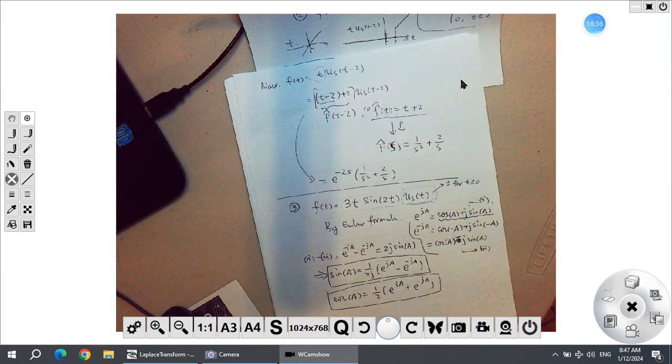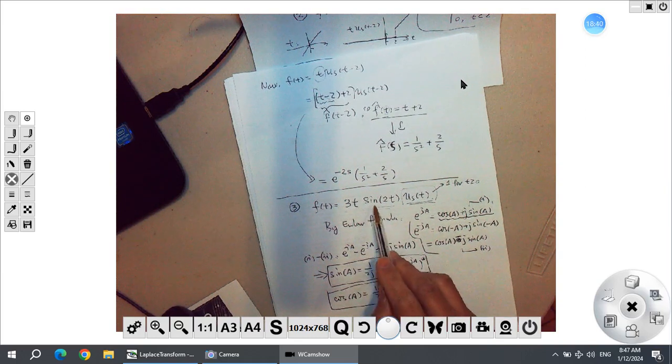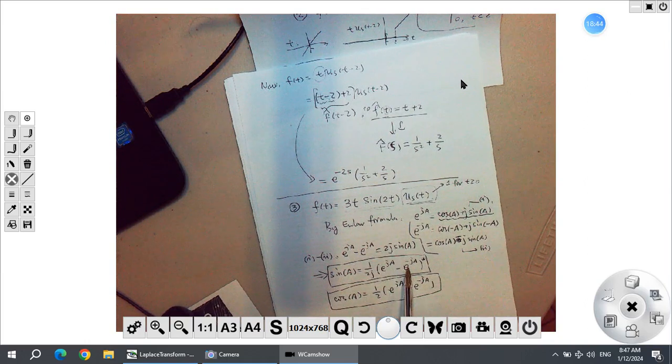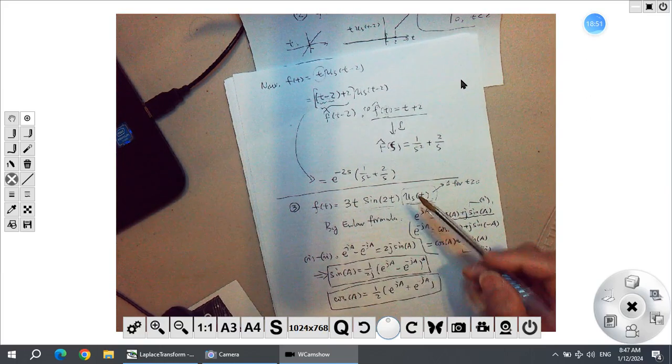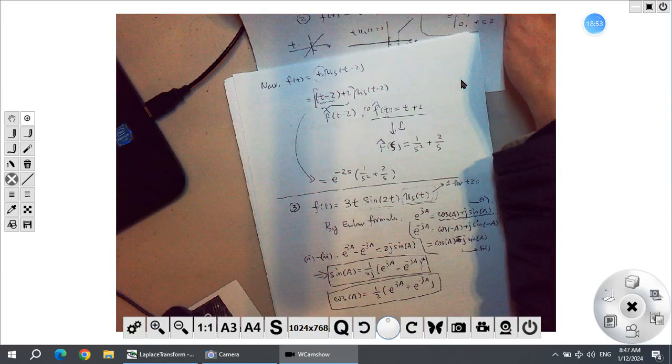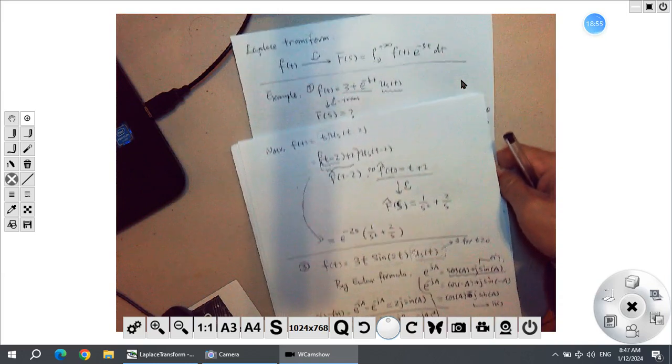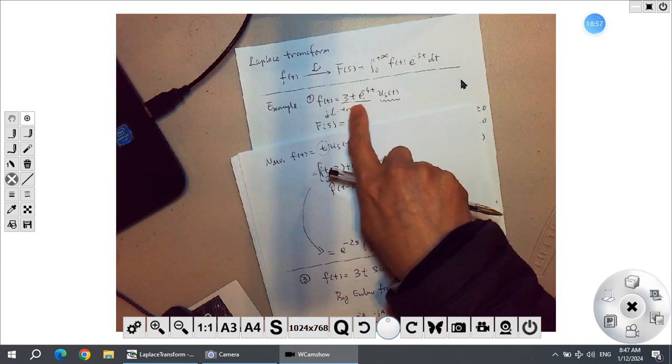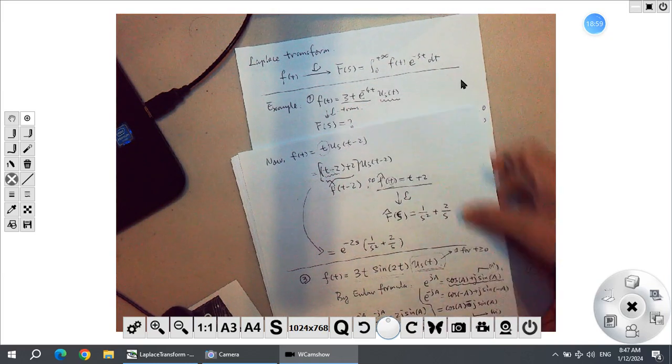Now we use this. The sine can be replaced by two exponential powers, and t times an exponential power we can find from the table, just like in the first example.